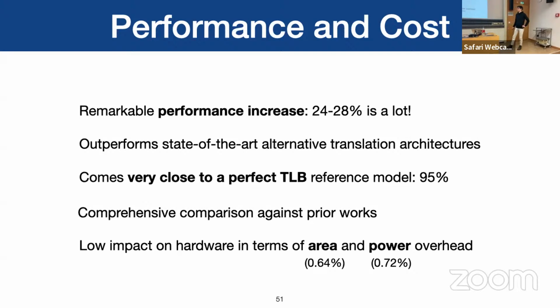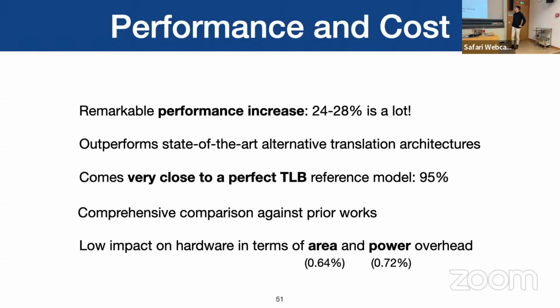And also the paper shows a very comprehensive comparison against prior works, where they also simulated other state-of-the-art approaches. And we can see that the hardware implementation of Utopia costs us very little in terms of area and power.